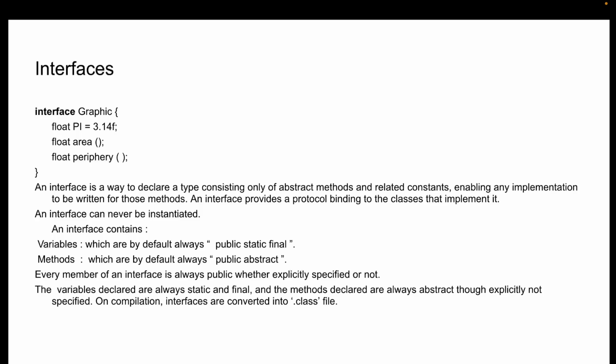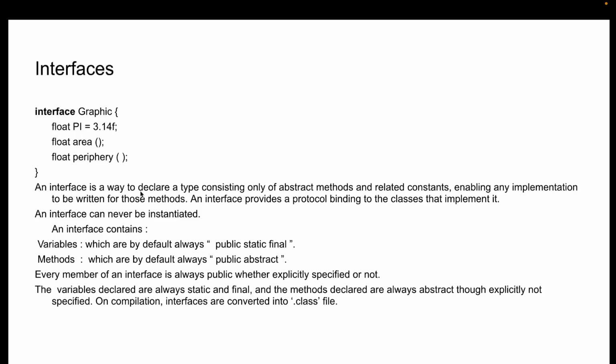But let's go with the general thing for now, that in an interface all the methods will be abstract. So we will not be providing any implementation detail of that particular method. That is why we use interfaces.